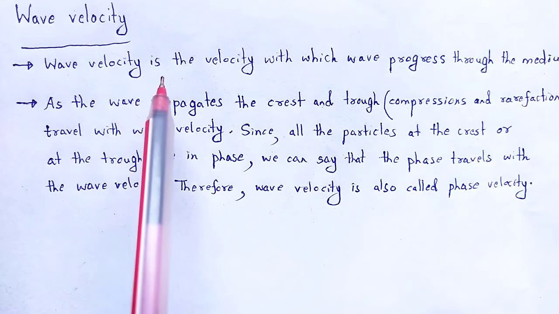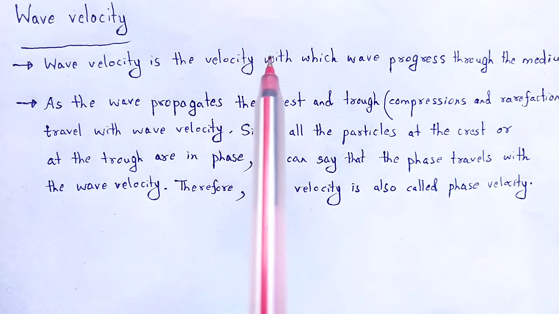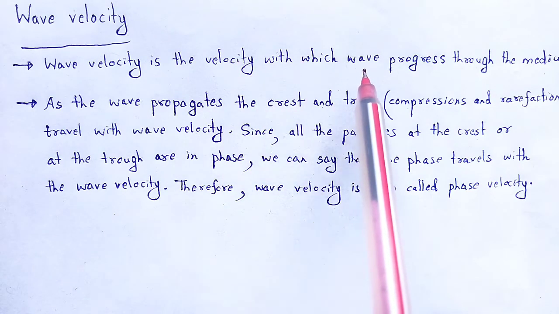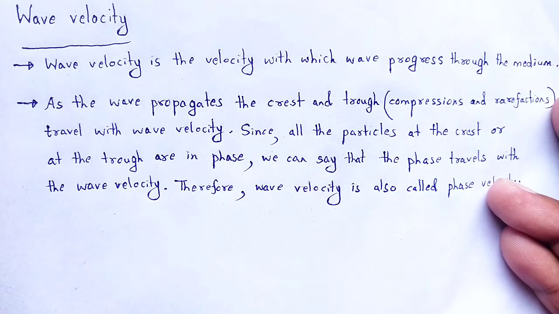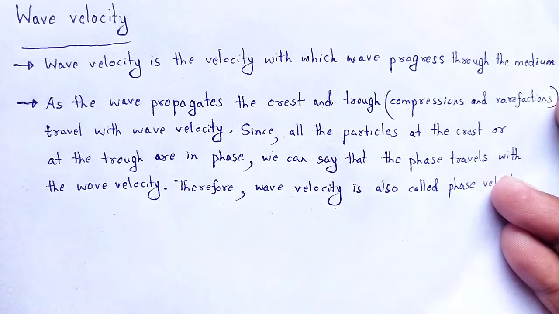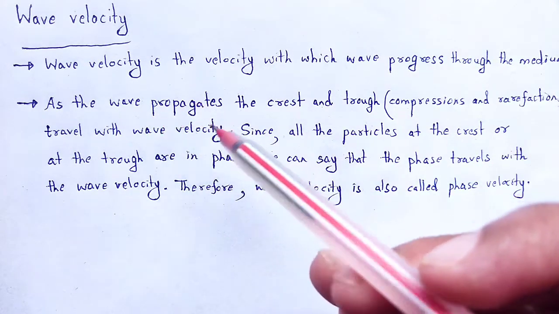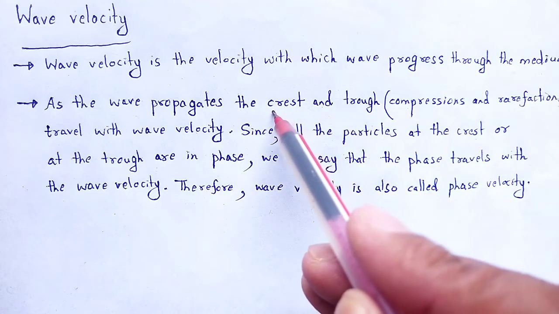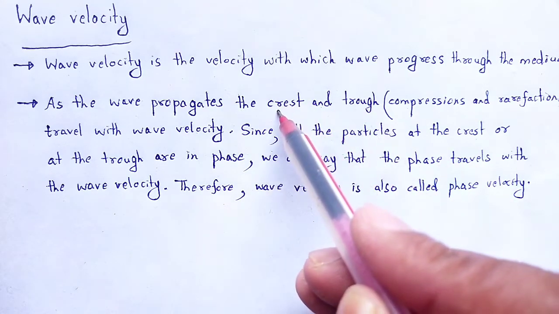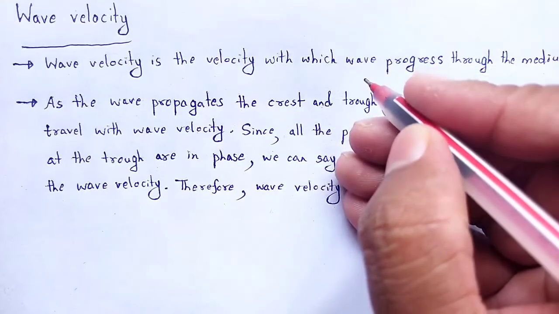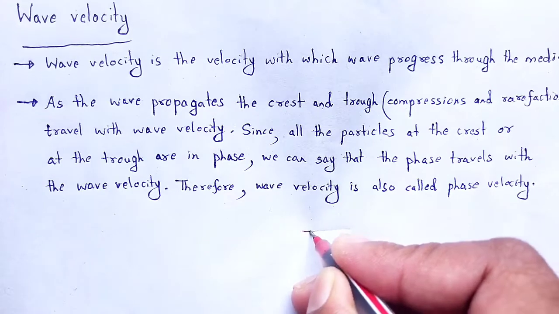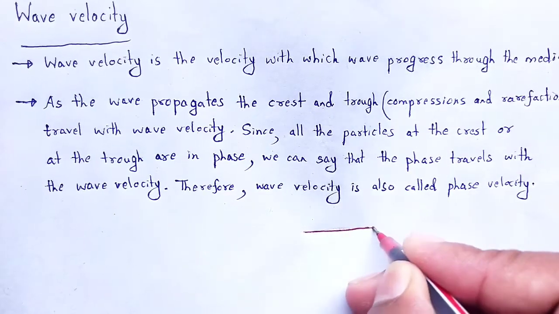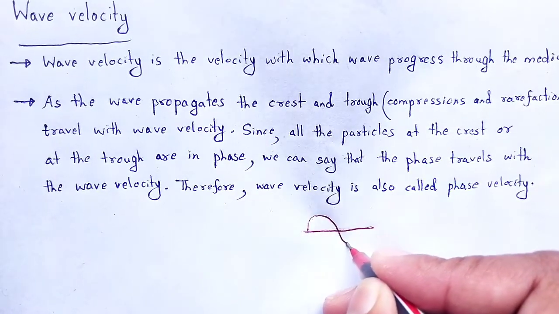Wave velocity is the velocity with which a wave progresses through a medium. So, how does a wave propagate through a medium? As the wave propagates, the crest and trough, in case of a transverse wave, so that a plane progressive wave travels like this.